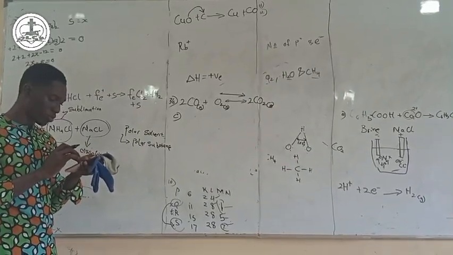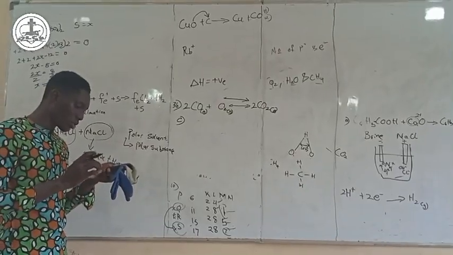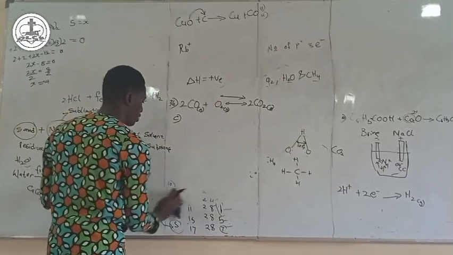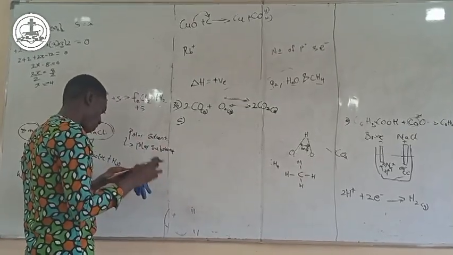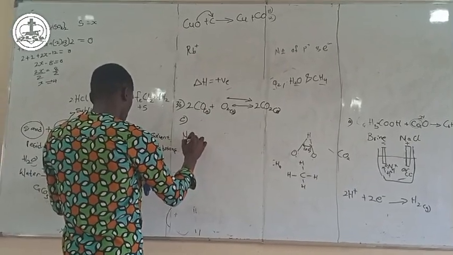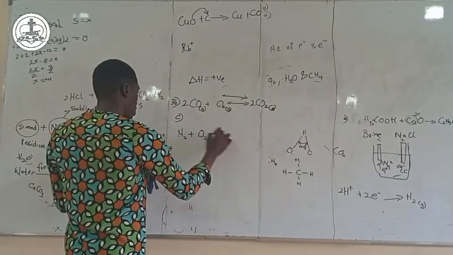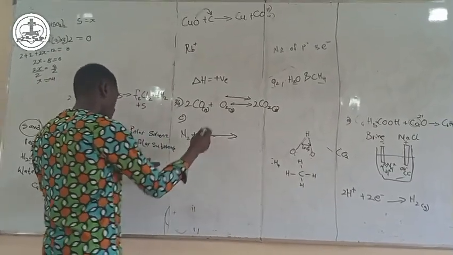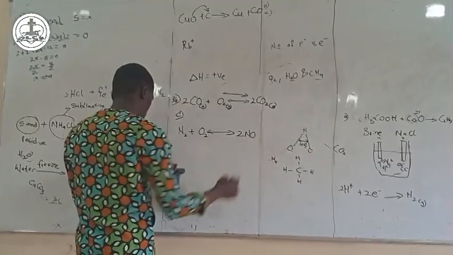Now moving to question number 37. This is also an equilibrium question. Given the reaction at equilibrium, nitrogen gas reacts with oxygen gas and at equilibrium produces nitrogen oxide.